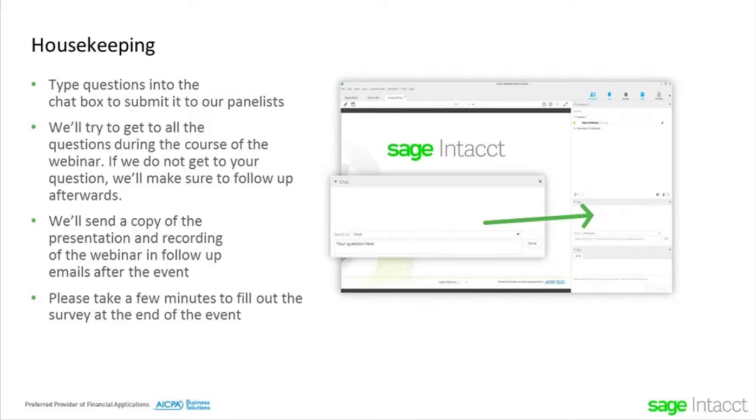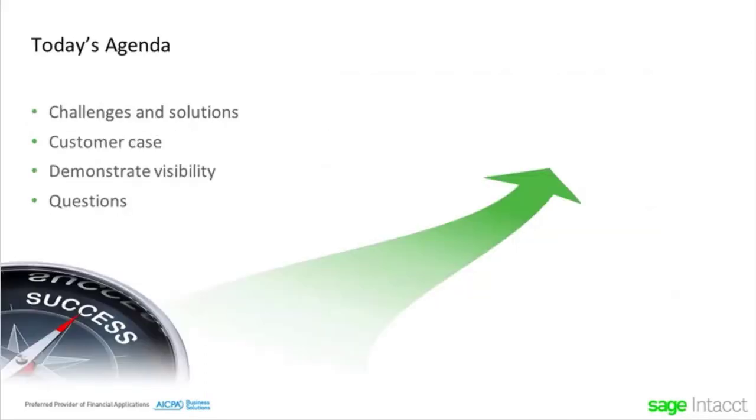So with the housekeeping in place, let's look at today's agenda. I'm going to talk a little bit about some of the challenges you might be facing as you're trying to get data out of QuickBooks, and some of the solutions that are available. We're going to look at a sample company, kind of a customer case, and I'm going to demonstrate some of the visibility that you can get in a more robust financial system, and we'll talk about some different scenarios there.